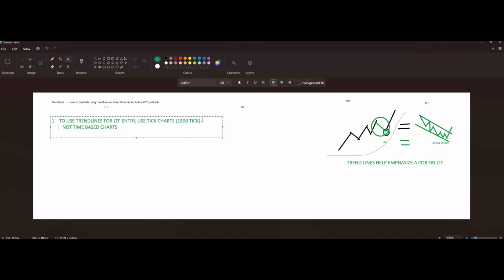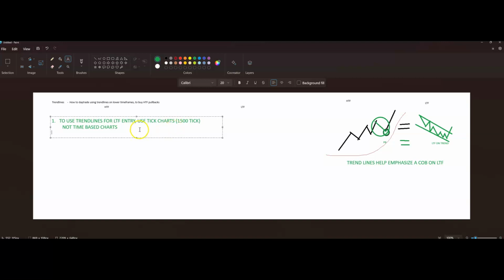Do not use 5-minute charts. This is a little hint, but the time element screws it up. If you use 5-minute charts or whatever for intraday trading, use tick charts if you're going to use trend lines, because 5-minute charts and these other various charts just mess up the trend channel because of the time element and because of the volatility.